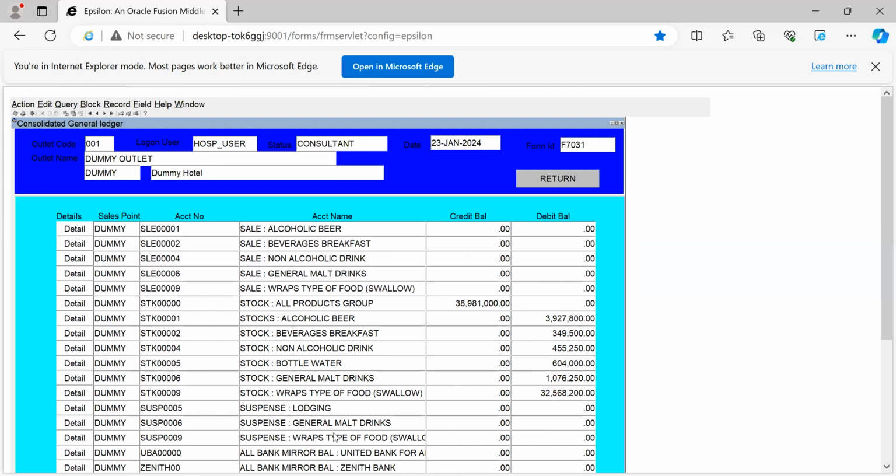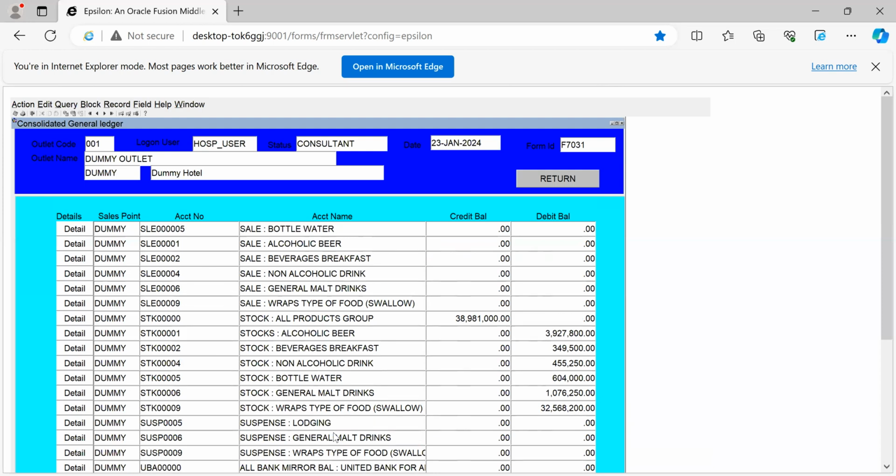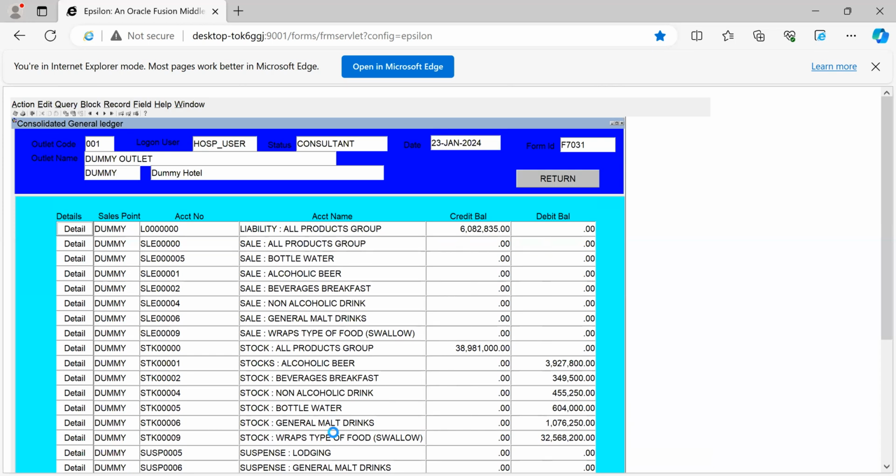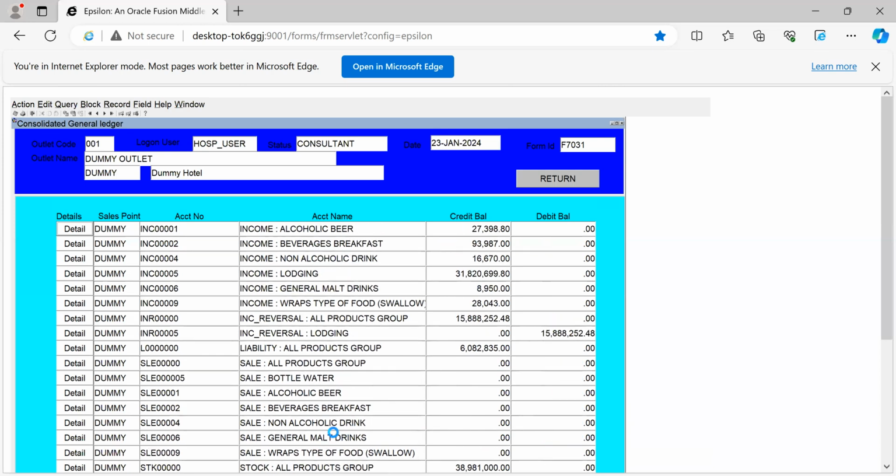So that whatever you make in terms of stock, in terms of income, in terms of sale, in terms of complementary, that is what you will record under stock. So it will contain all various products. But if you decide to do the setup so that each product is a group on its own, we have more reports here. That's what it means. So this is very important. And this is one of the beauties of the accounting system we have in Epsilon software.